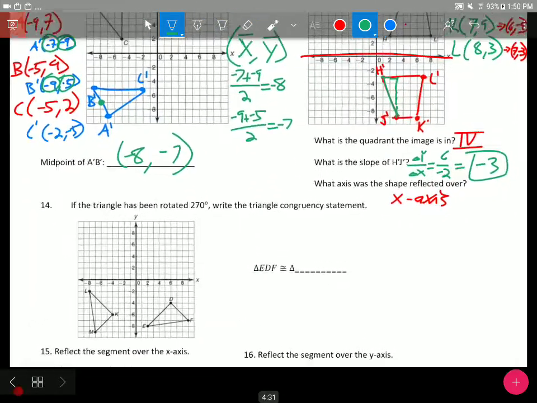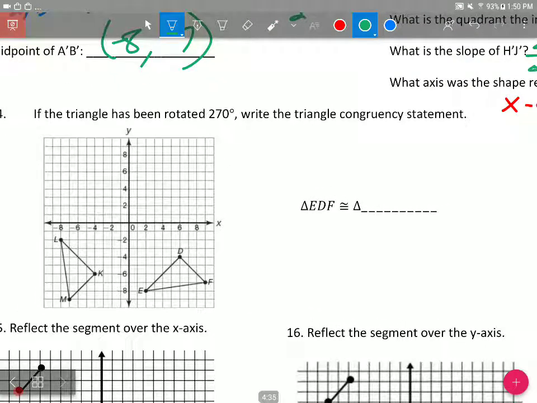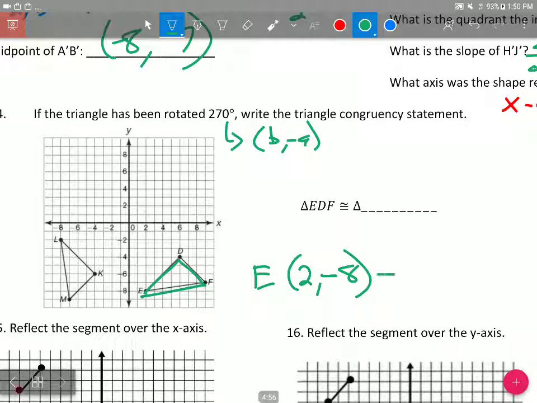Number 14, if the triangle has been rotated 270 degrees, write the angle congruency statement. All right, so 270 degrees. EDF, so E is at 2, negative 8. Remember, 270 degrees, that's flip them and make the first one negative. So that means the new one would be negative 8, negative 2.